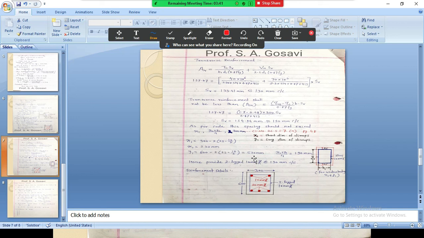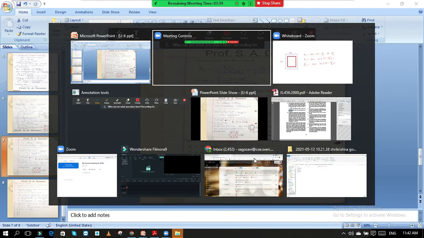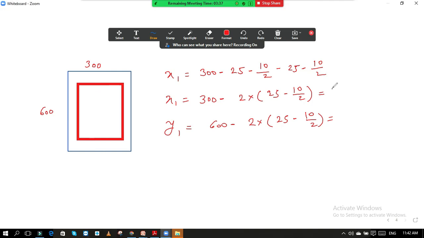This 230 and 530. So this x1 is 230 mm and y1 is 530 mm. So therefore, spacing x1. What is the value of x1? It is 230 mm center to center.